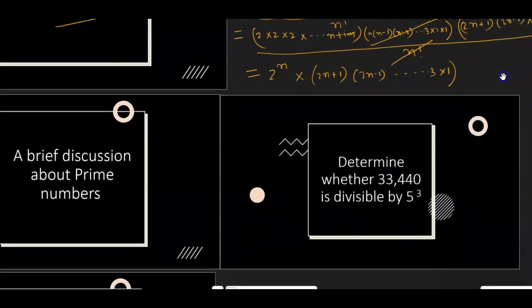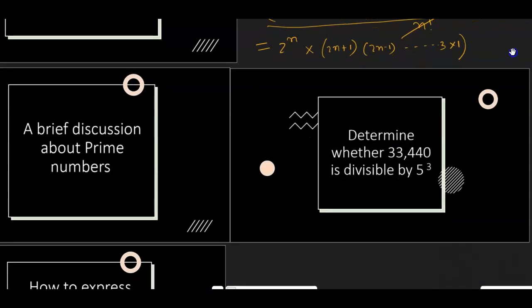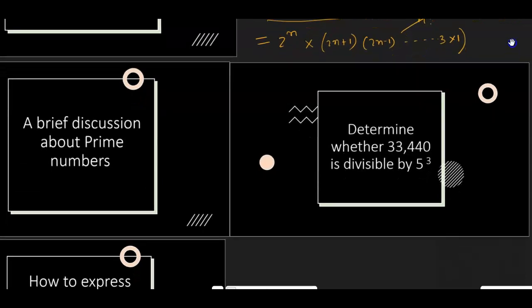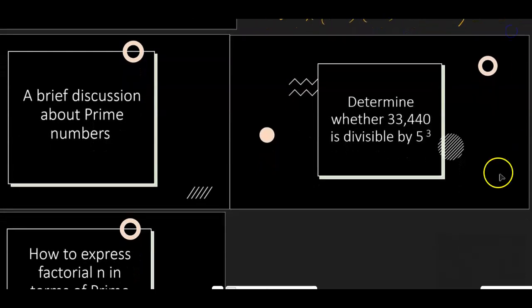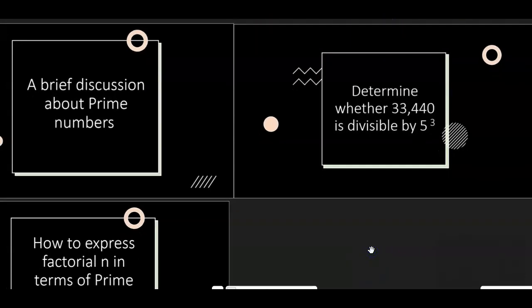Now let me discuss the next part of the factorial symbol, where I am going to say that every factorial can be expressed as a product of primes. Why am I saying so?